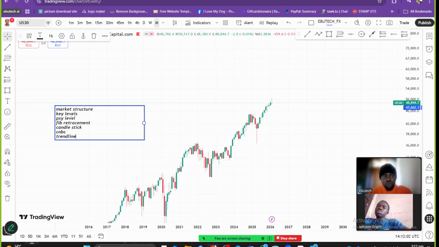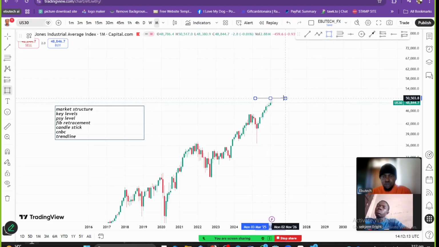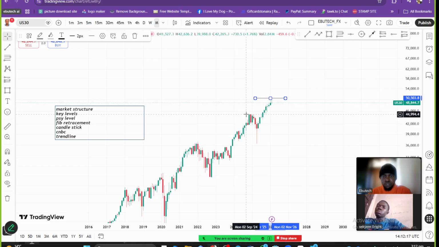Then what next are we looking at? Key levels. So our key levels, we'll mark them out. We have the support key level and we have the resistance key level. This is where the market is resisting. Resistance key level.